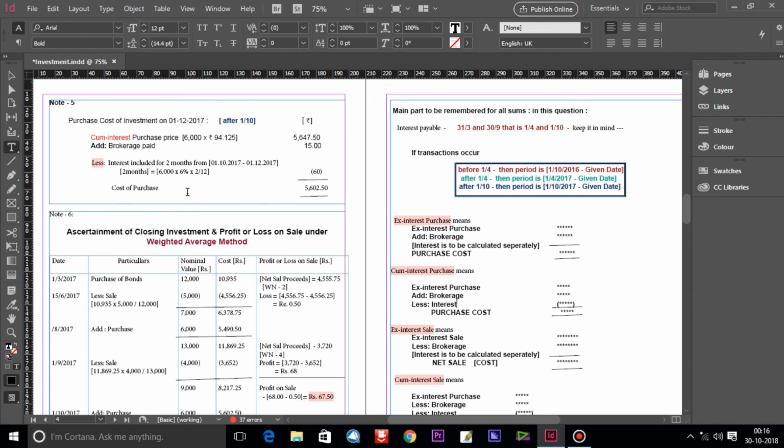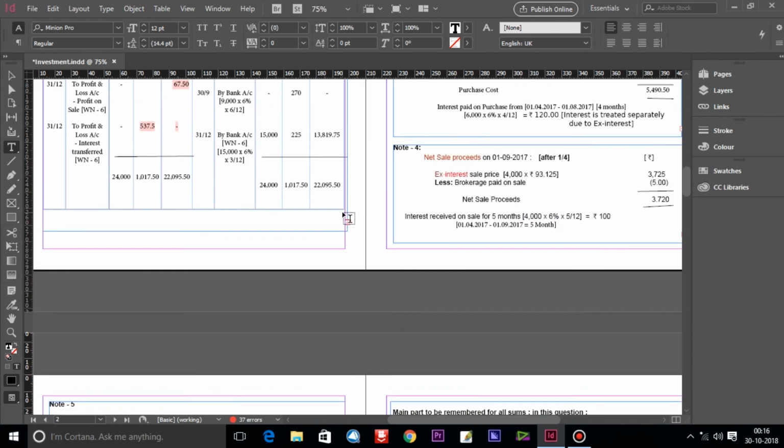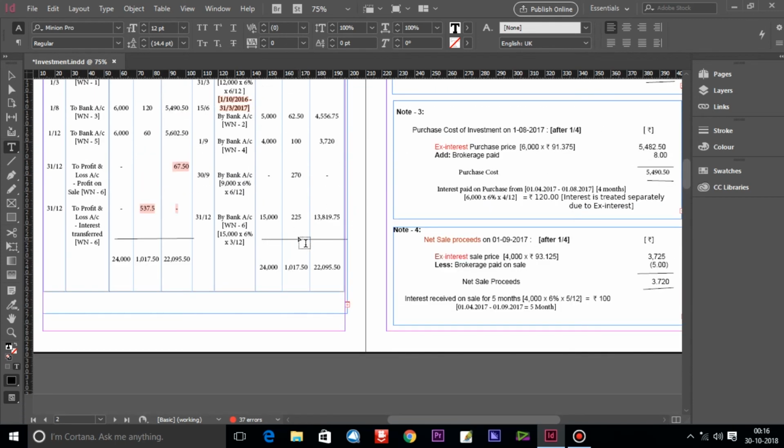I told you earlier that we charged interest on 31/3/2017 because the date payable for interest being 31st March and 30 September, and we have calculated on 31st March. Now I have to calculate on 30 September.